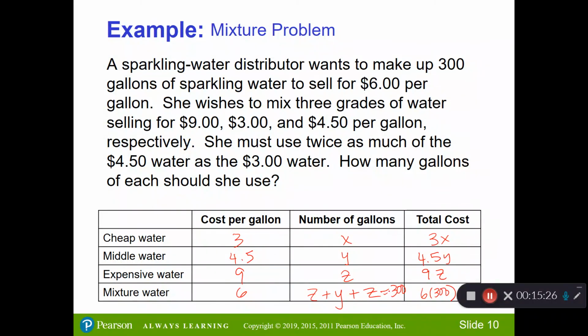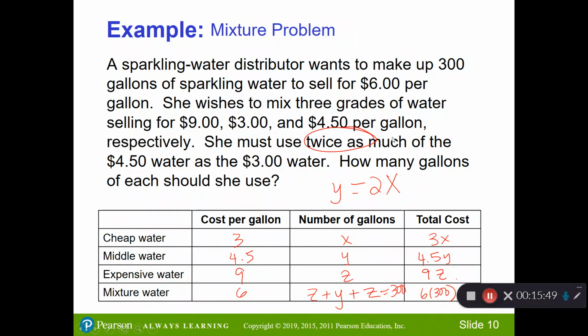So this is one equation. Adding these up to equal this is a second equation. And then my third equation comes from the fact that I've got to use twice as much of the $4.50 water, well that's Y, as the $3 water. $3 water is X. Well, if I'm using twice as much of that, I got to 2 times it, right?